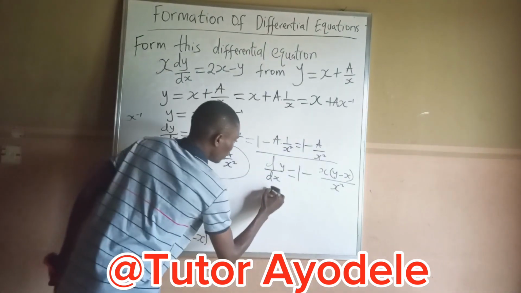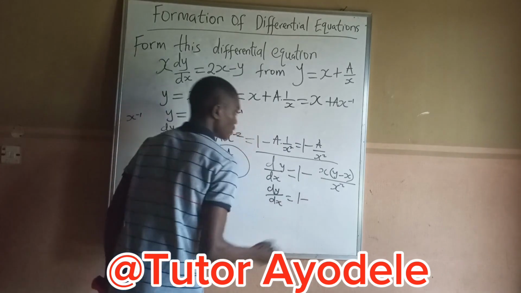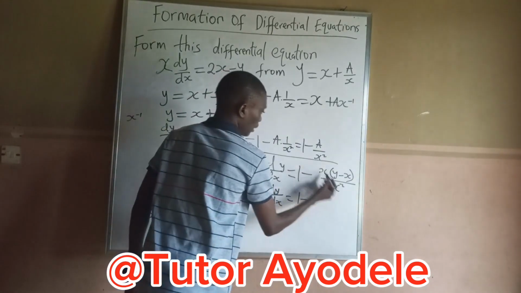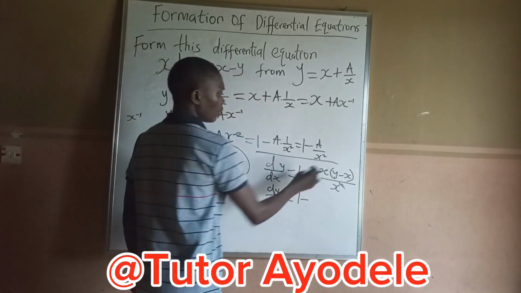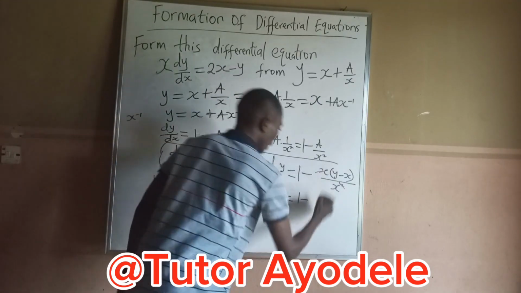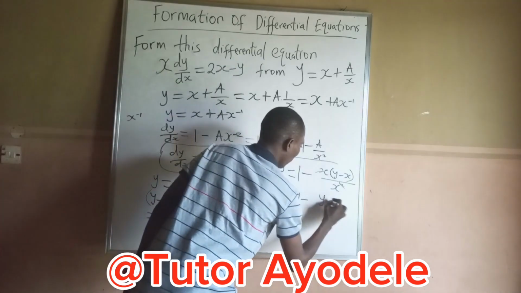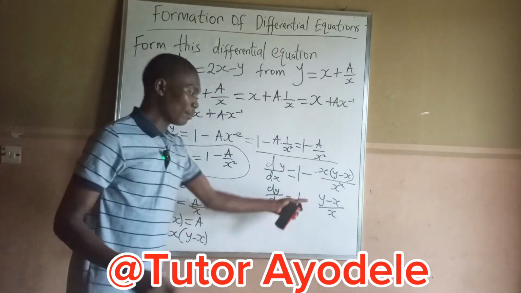So I have dy/dx equals 1 minus, now I have x here and x outside there, so this can cancel this x, and we still have another x. So I will have y minus x over x.